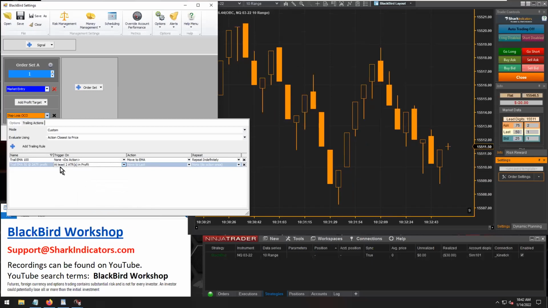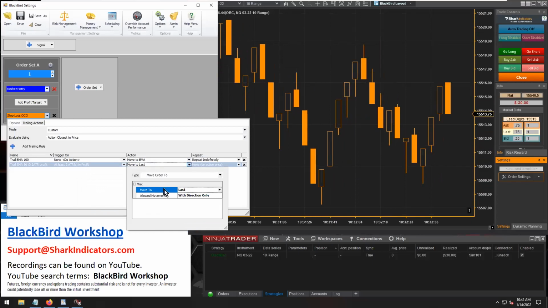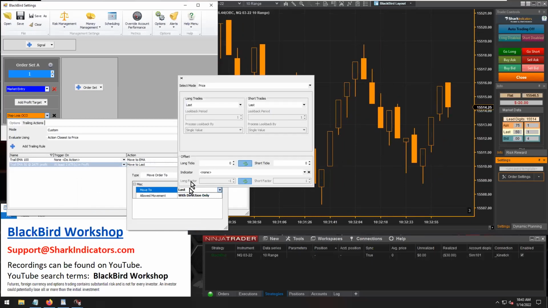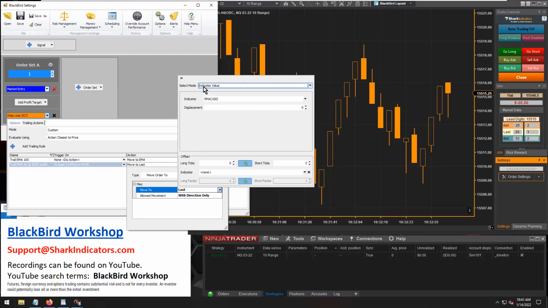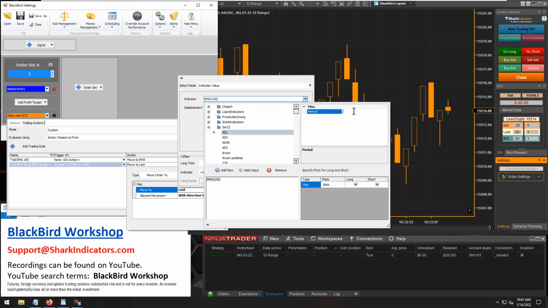So once we get to at least 2 ATRs in profit, then our action is once again going to use an indicator value, and instead of the EMA 100, now we want the EMA 50 period.